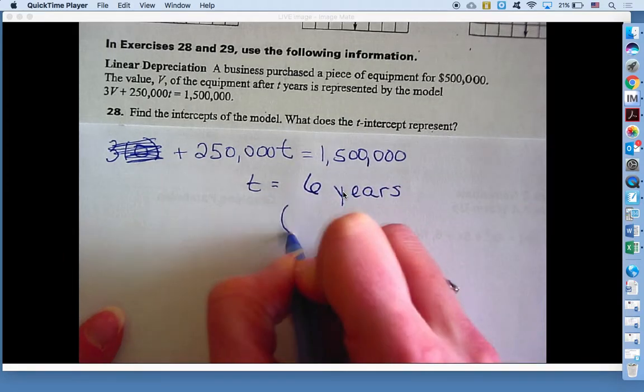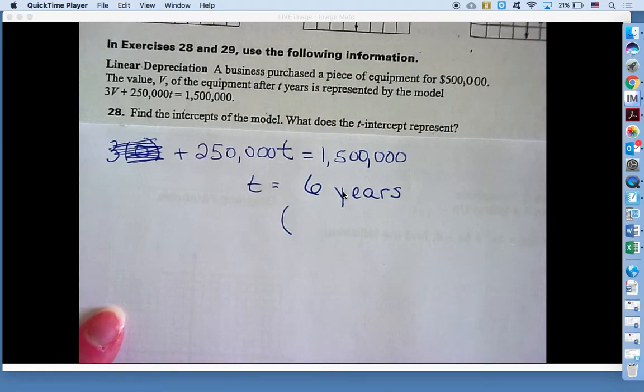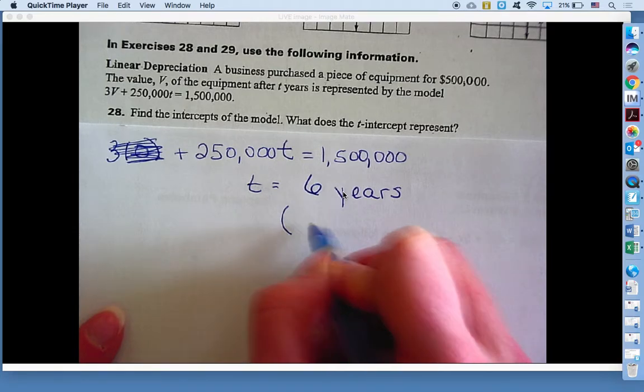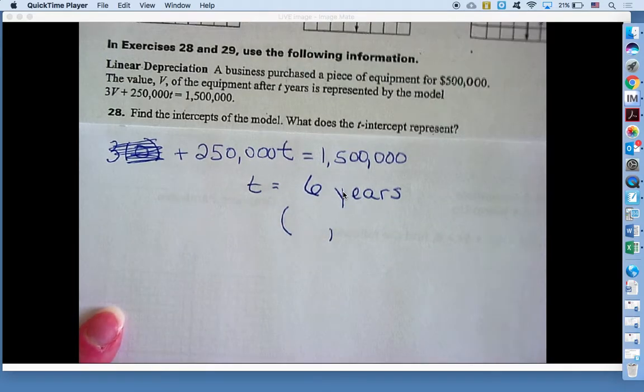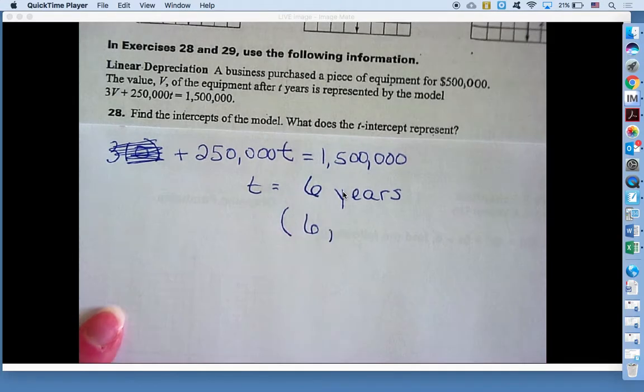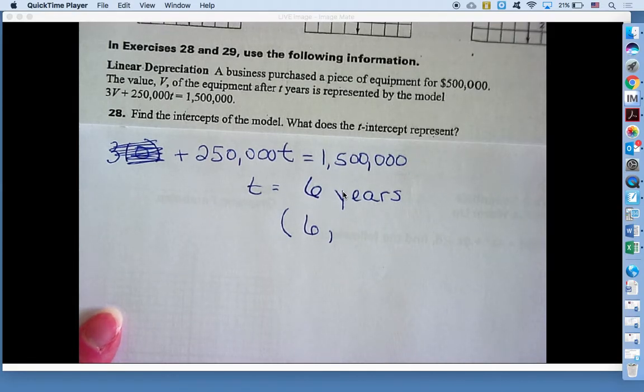If I write it as an ordered pair, I plugged in a 0 for the value, and we got out 6 years. 6 is your x variable. Time is always x. Whether it's time in minutes, time in years, time in months, time is your x value because it is the independent variable.